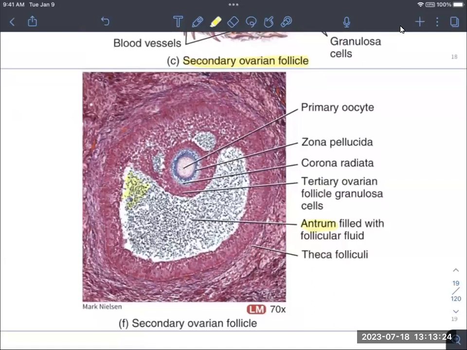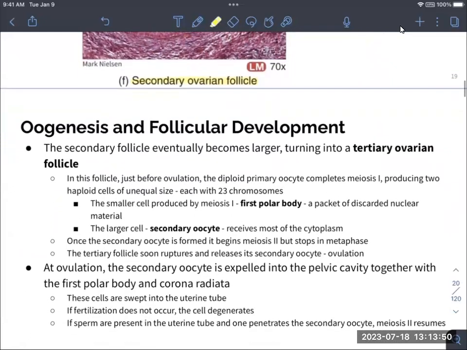There's a lot happening in this area. At this point, we have this secondary ovarian follicle with this oocyte in the middle, with all of these other cells helping this oocyte mature.